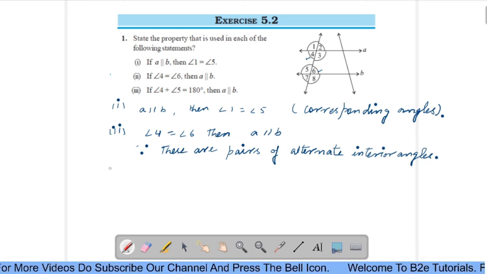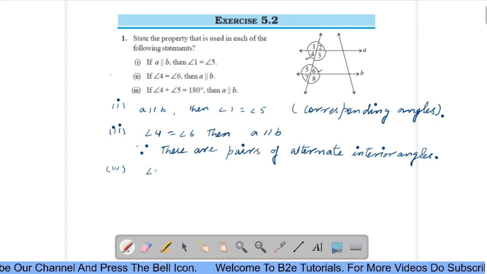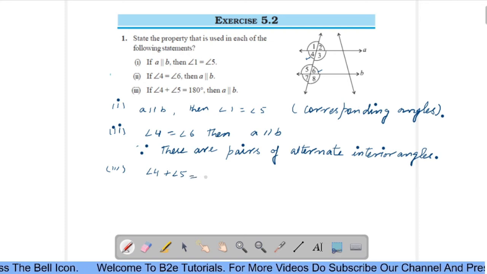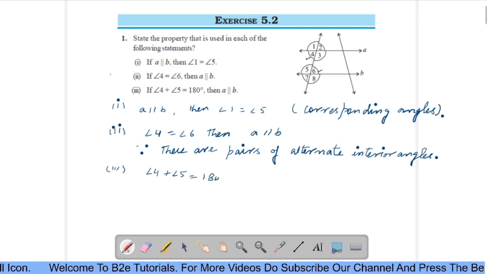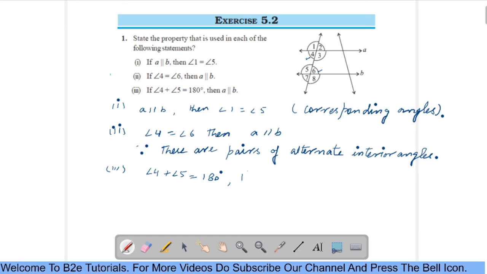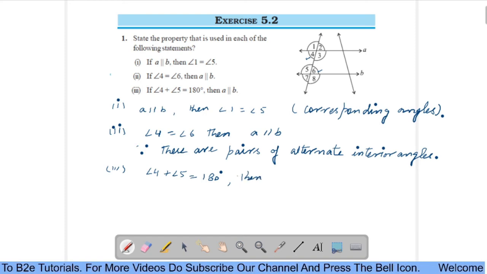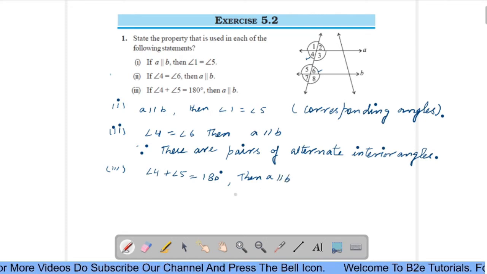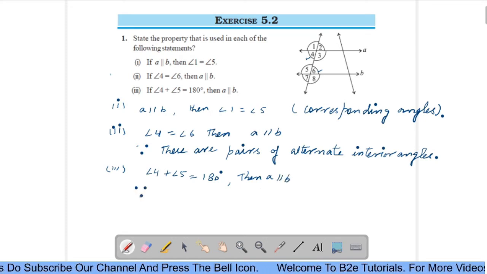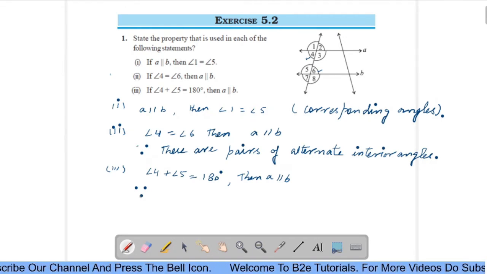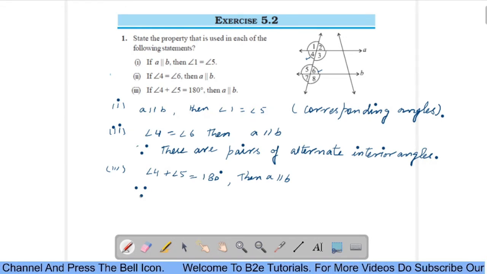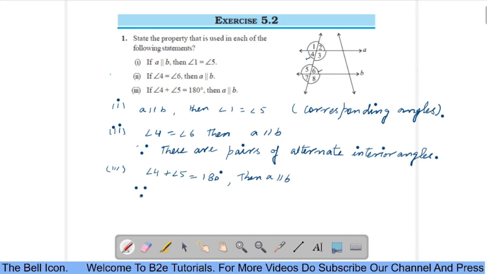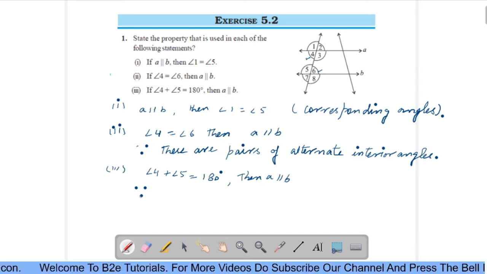Now come to third. Here angle 4 plus angle 5 equals 180 degrees. Then A is parallel to B. Here angle 4 and angle 5 are a pair of co-interior angles, and if their sum is 180 degrees, then lines are parallel.